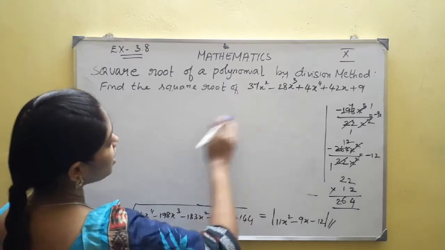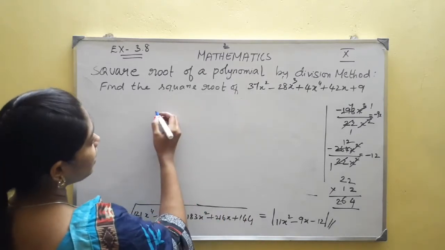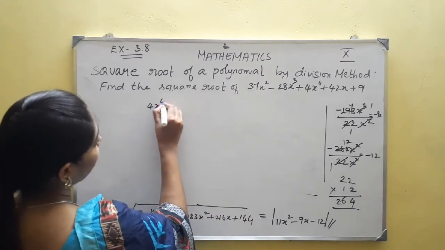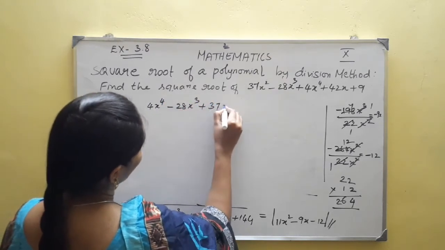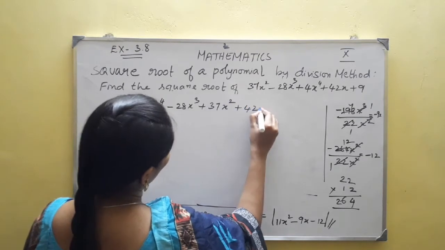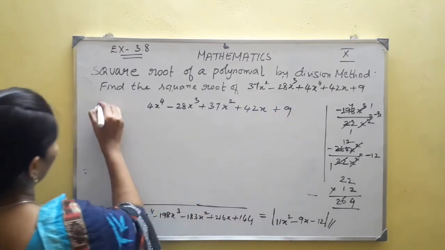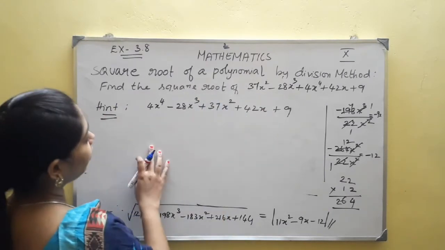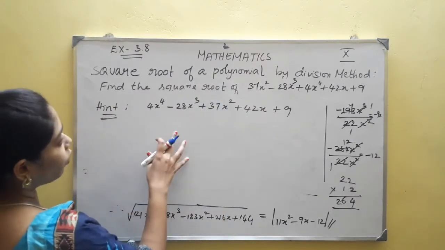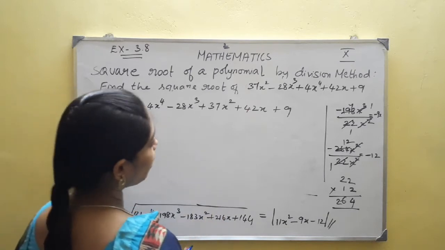So I am going to arrange this in descending order: 4x power 4 minus 28x cube plus 37x square plus 42x plus 9. Okay, hint. So using this polynomial, find the square root by using the division method.